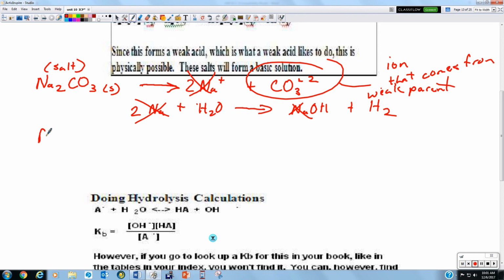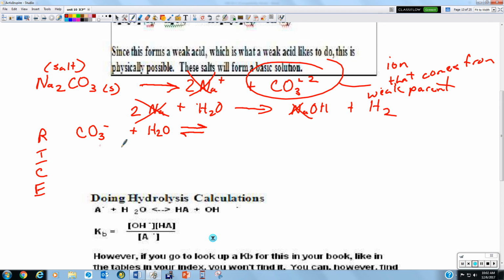So I have my little rice table here. I'm not going to actually solve an equation with it, I'm just showing you the setup. So I'm going to take my ion from my weak parent, CO3 negative plus H2O, and this is my hydrolysis reaction. It's basically a reverse Bronsted-Lowry reaction.